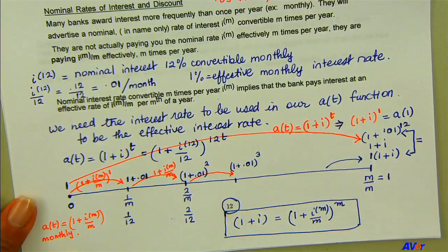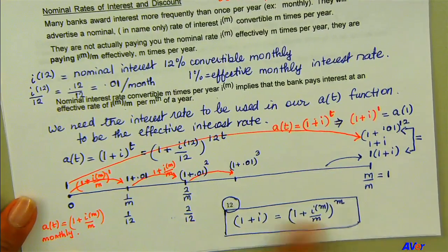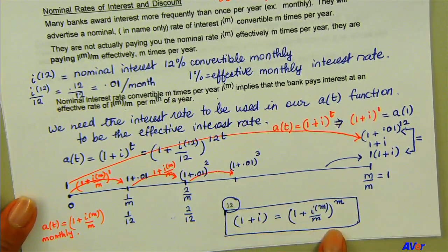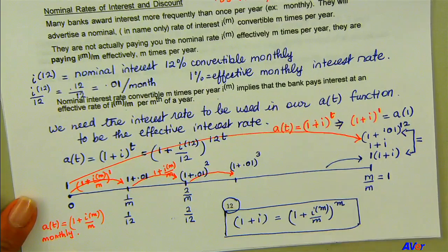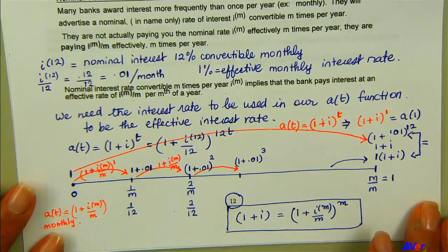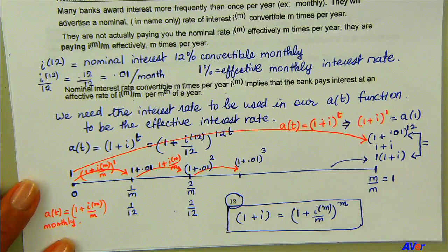So one way or the other, they will present it, and you can go back and forth between the two by using this formula. Follow? And it's not always monthly. They could say convertible quarterly, or convertible 3 times a year, or convertible 2 times a year, like that. Follow?